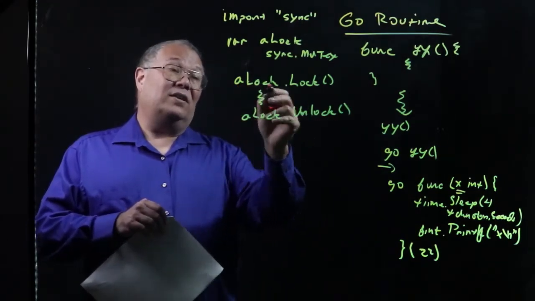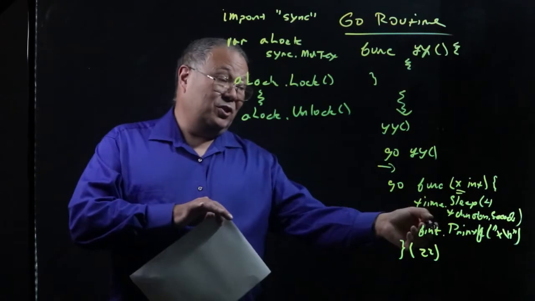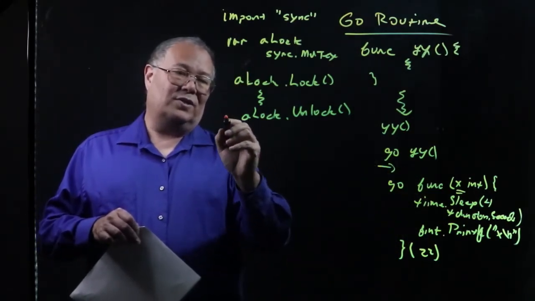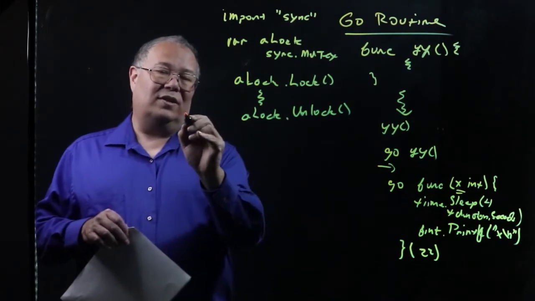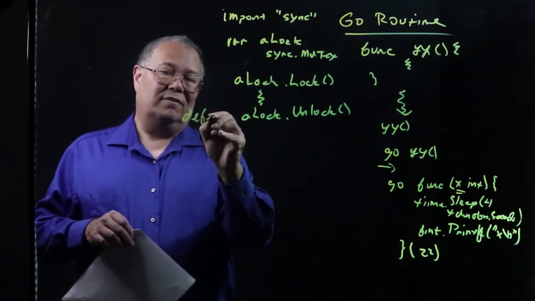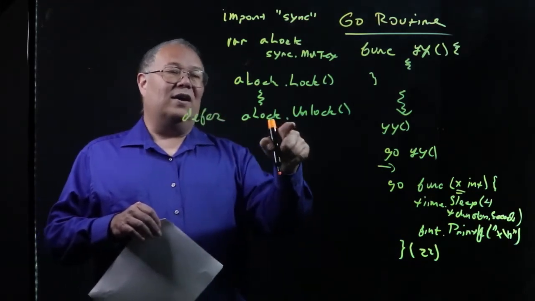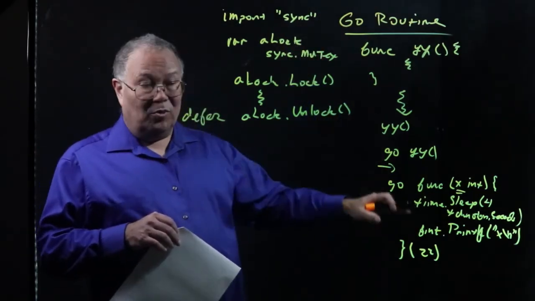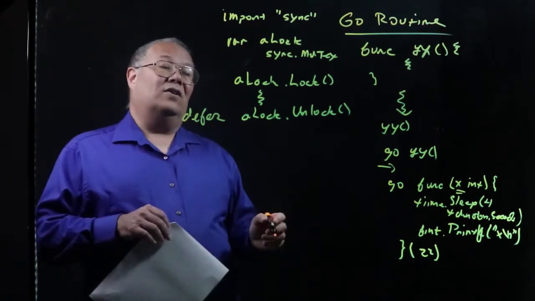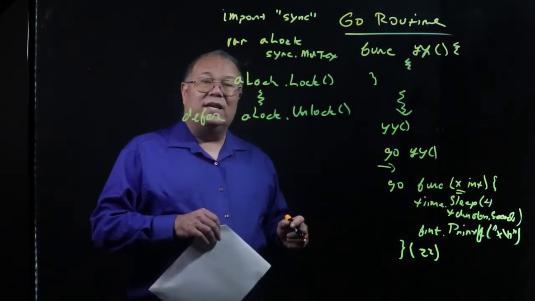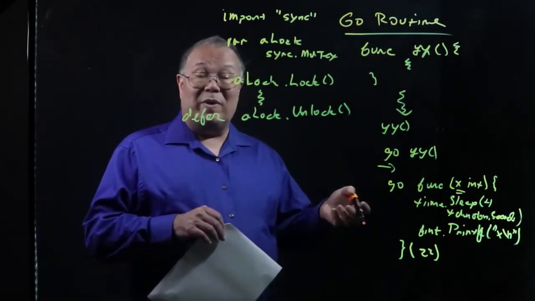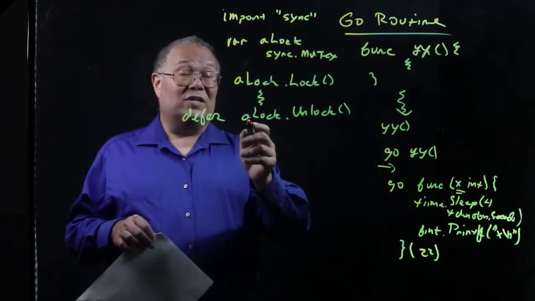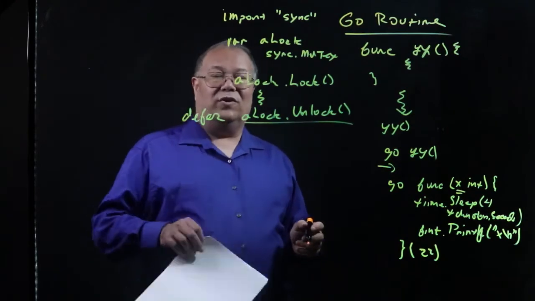But to guarantee that if you lock something, you unlock it when you exit a particular routine, you can do this. Instead of just doing that, you can say defer lock.unlock, and on exit of the routine, wherever that is, even if you've got multiple returns in it, this unlock occurs. So there is a way to guarantee that even if something goes bad in the routine and you exit on an error or return early, this still gets called.